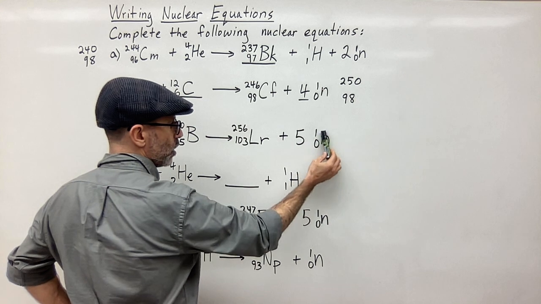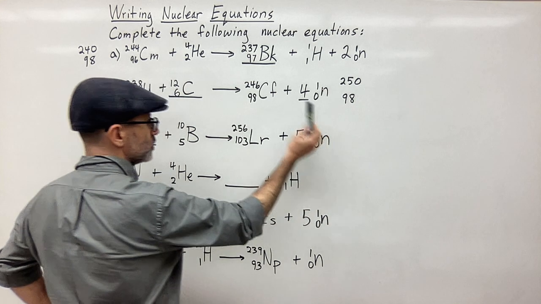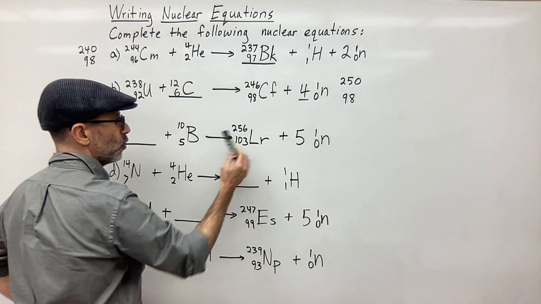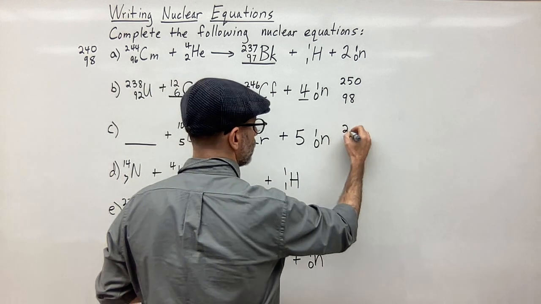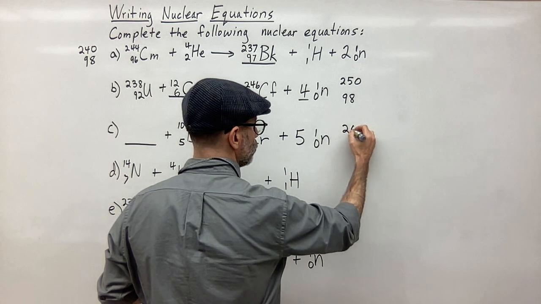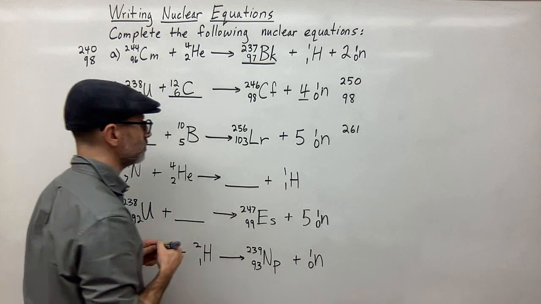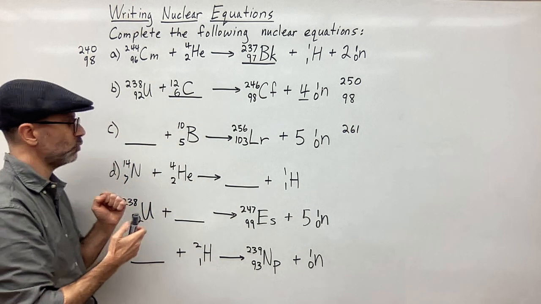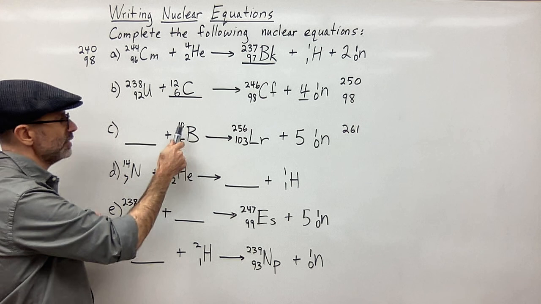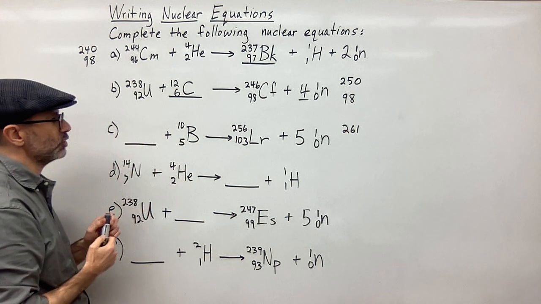So 5 times 1 is 5, plus the 256 is going to give us 261. So the top number total is 261. Okay, so that means the top on this side also has to be 261. So I have a 10. 10 plus what gives me 261?